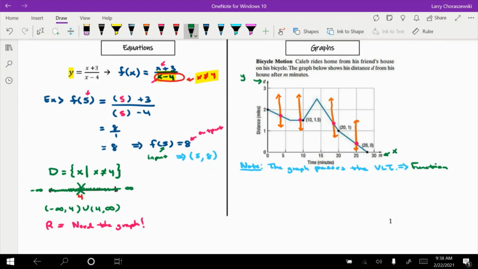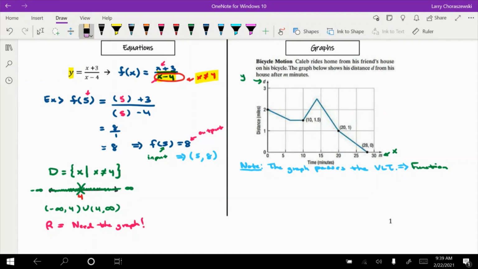If you think about it, there's only one output for each input that you could consider. Our inputs are those on the horizontal axis, the m-axis, and our outputs are the y-coordinates on the graph. I'm going to get rid of these vertical lines for the next part.